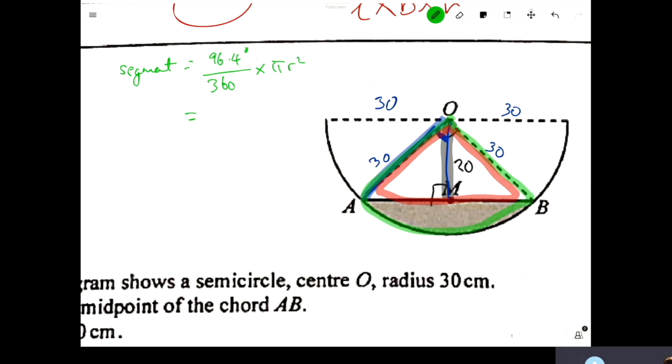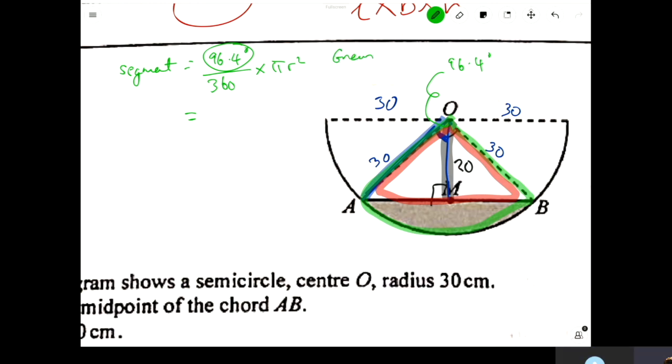That's the formula: the angle divided by 360 times pi r squared, because the angle here is 96.4. That's to find the green color part.